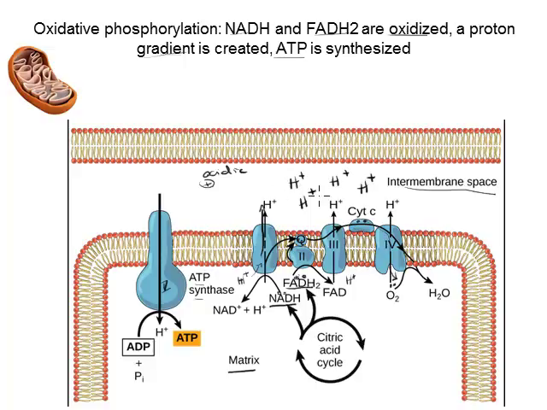As you can imagine, there's a powerful driving force for those hydrogen ions to move back into the matrix to dissipate that gradient. But they can't move directly through the bilayer. They're charged, and the inner mitochondrial phospholipid bilayer is almost 100% impermeable to them. They only have one path through the membrane, and that's the protein complex ATP synthase.